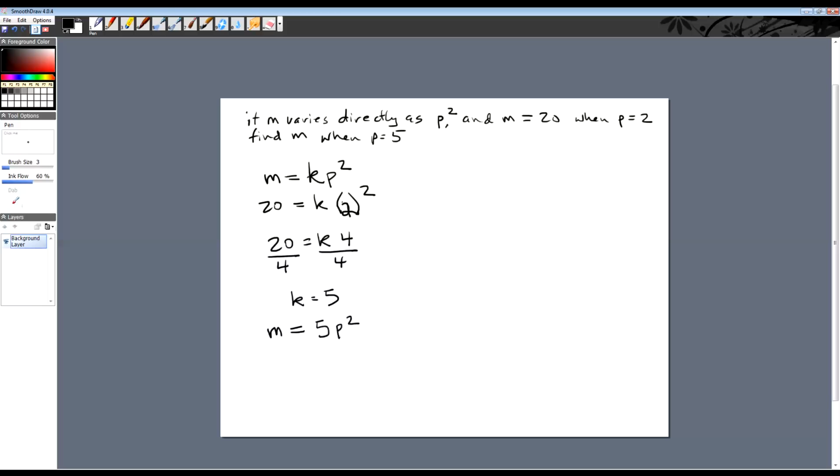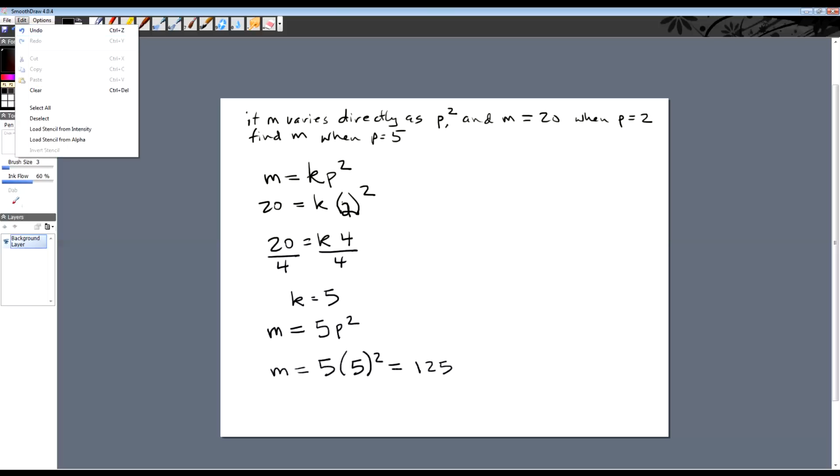So to find m when p equals 5 is 5 times 5 squared, which is 5 times 25, or 125. So if m varies directly as p squared and m equals 20 when p equals 2, m equals 125 when p equals 5.